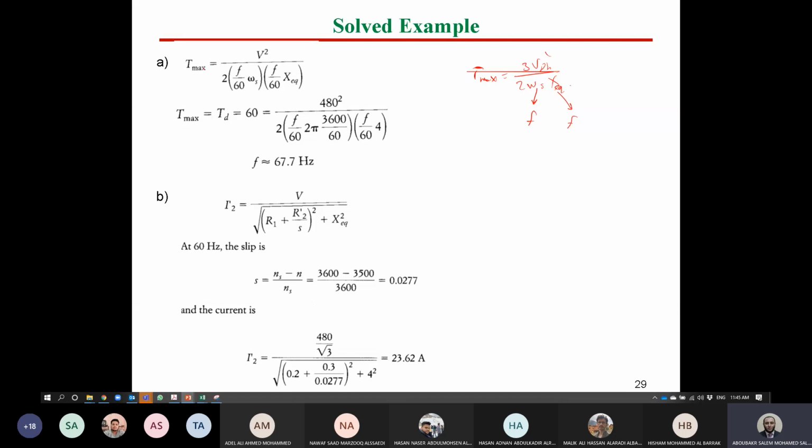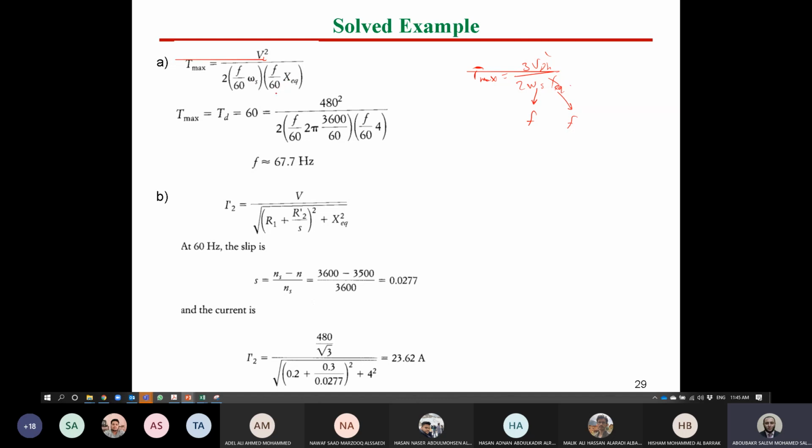So we can say now T maximum equals V squared, which is V line squared here, as we discussed before. V line squared equals 3V phase squared, because it's a Y connection. And this is over the required frequency over 60, because omega S and X equivalent are functions of frequency.